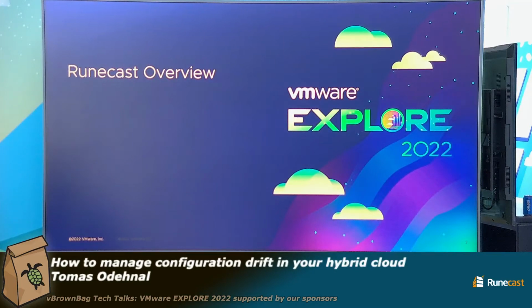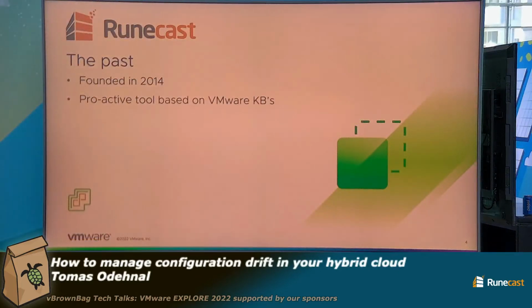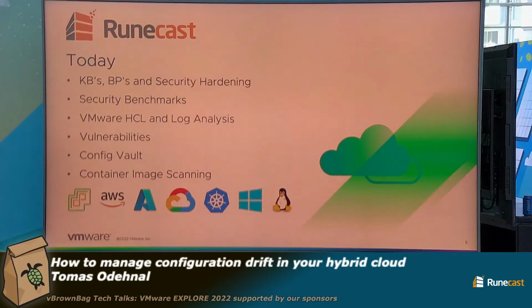Runecast, if you haven't heard of us, was founded in 2014, and we started as a proactive tool that helped vSphere administrators to find any hidden issues that might be there in the infrastructure. Throughout the years, we developed into a full-fledged platform.